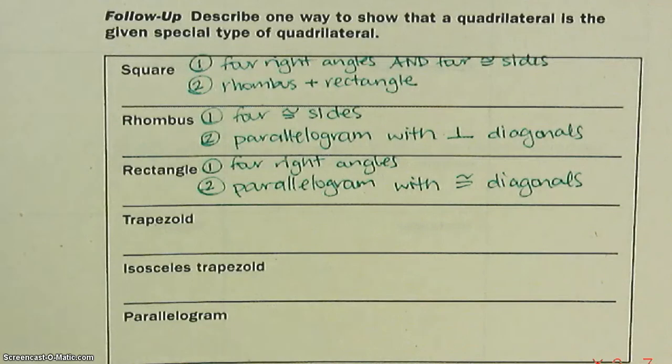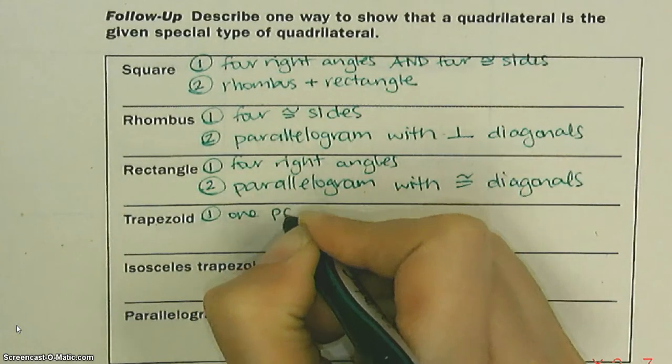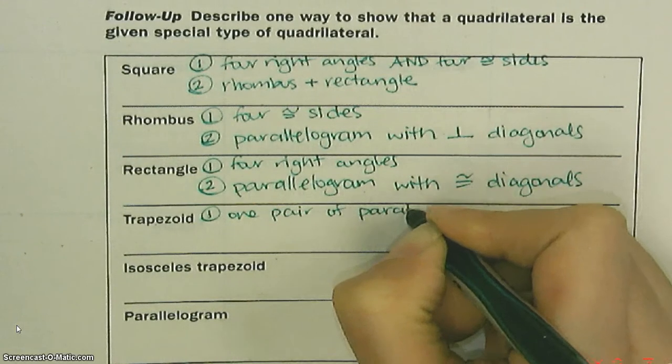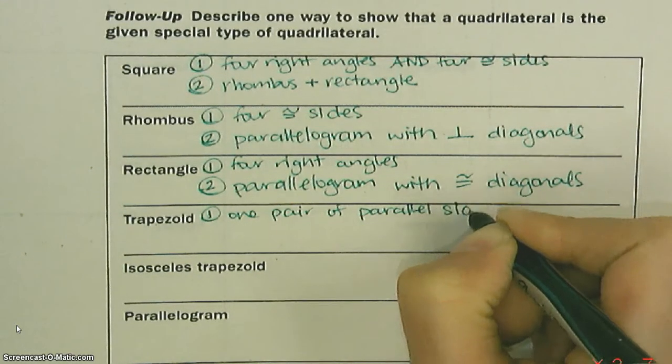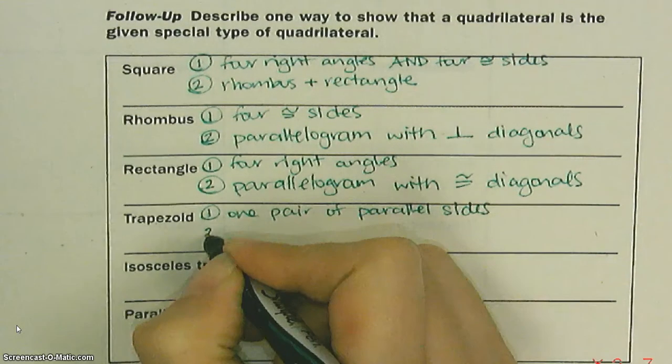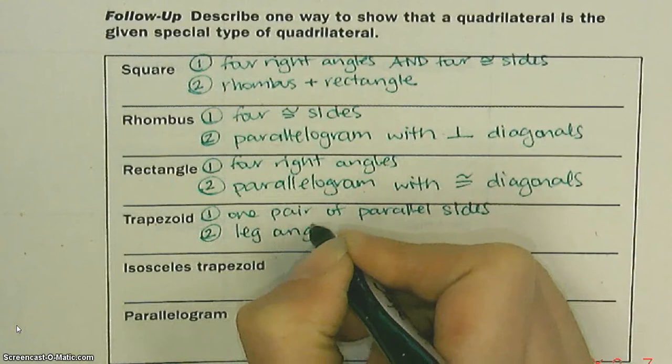A trapezoid, we need to see 1 pair of parallel sides. That's probably the best way to do that, right? Or we have to make sure that the leg angles equal 180.